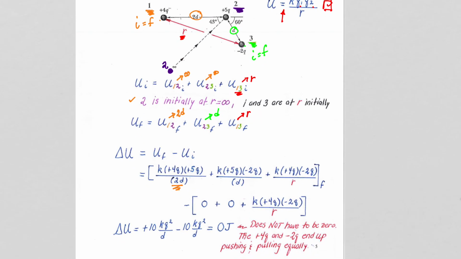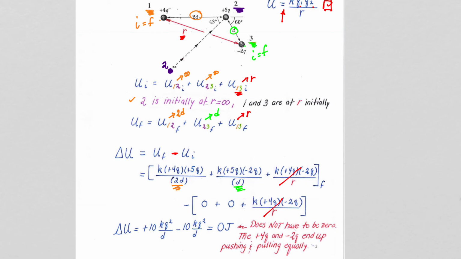Well, if we leave it in terms of the variables, what we get is the U final for 1 and 2 is at 2d. So that's the 2d that we have here. The 2 and 3 are at a final position of d. We've already seen that the initial and final for 1 and 3 are going to give us the same values. So when we do our subtraction, they will give us 0.